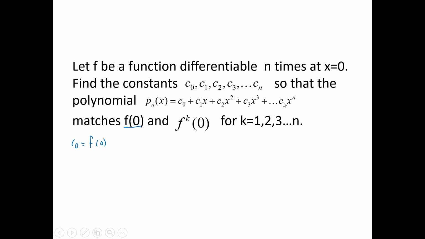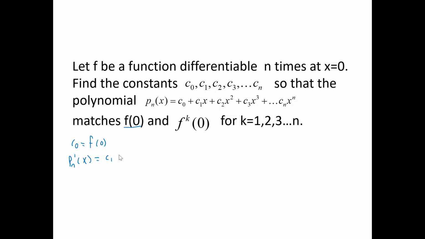Okay. If you want your first derivative of your polynomial to match the first derivative of your function, then what we can do to figure out what C1 needs to be is look at the first derivative. A lot of letters. Got to try and keep it all straight. So Pn prime of x is going to be, the C naught will go away. You will just get C1.